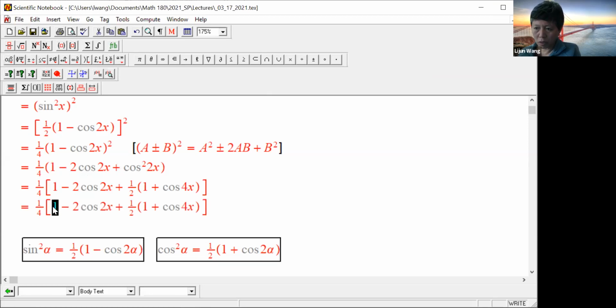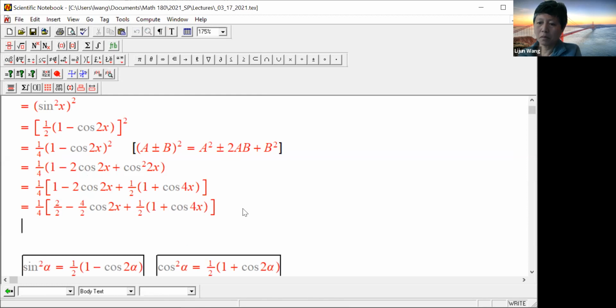So 1 will turn into 2 over 2, and 2 will turn into 4 over 2. Do you see that? Common denominator.